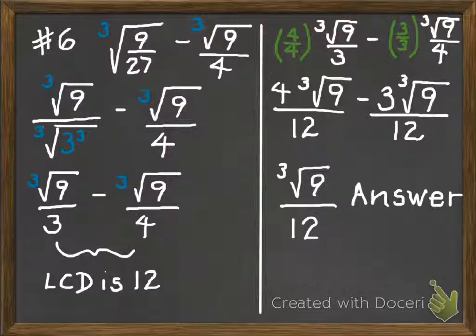That's using the quotient rule. Using the quotient rule, I separate them. And I get the cube root of 9 over the cube root of, and I rewrite 27 as 3 cubed. The second term, cube root of 9 over 4, stays the same.